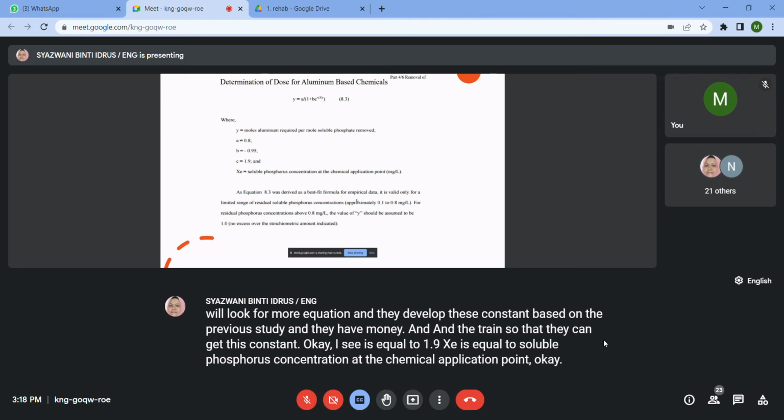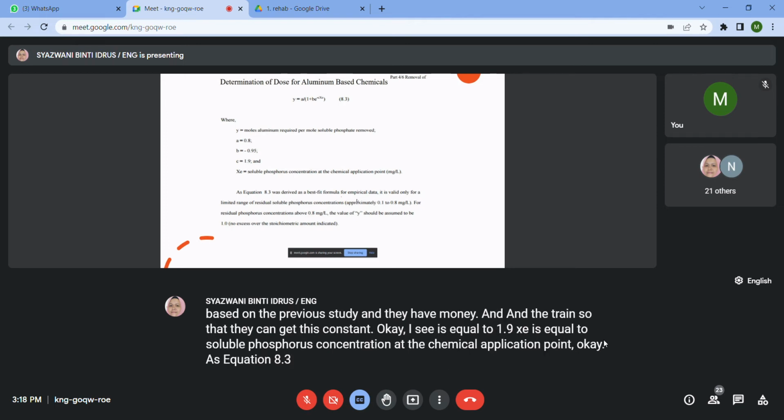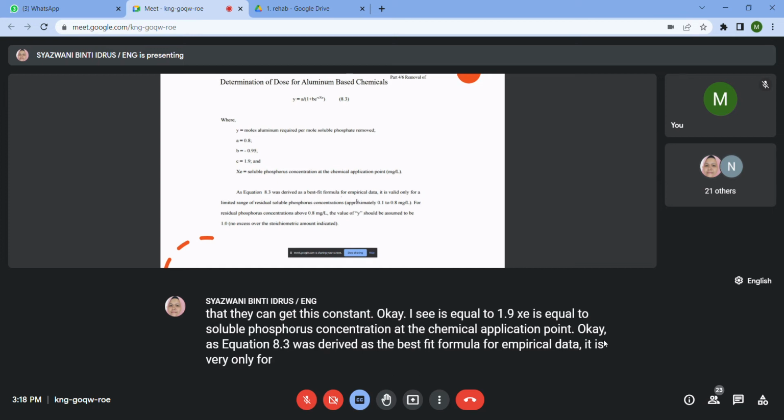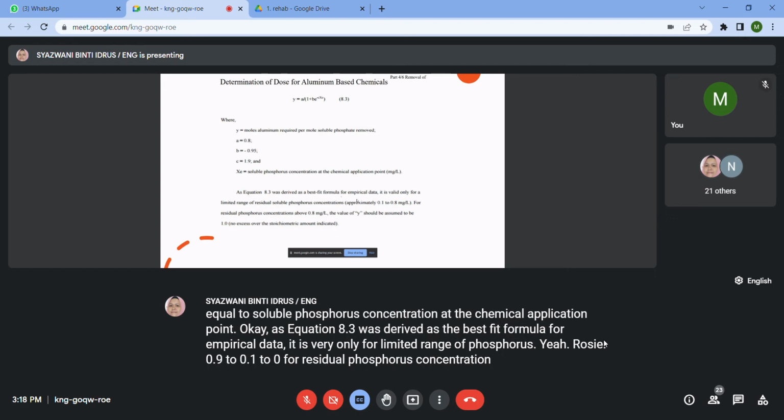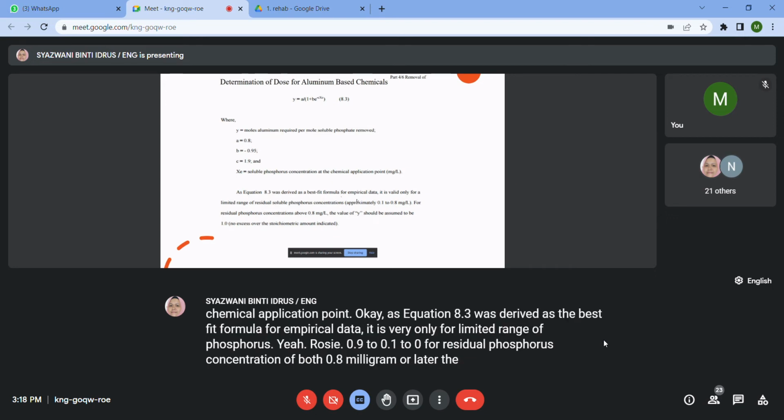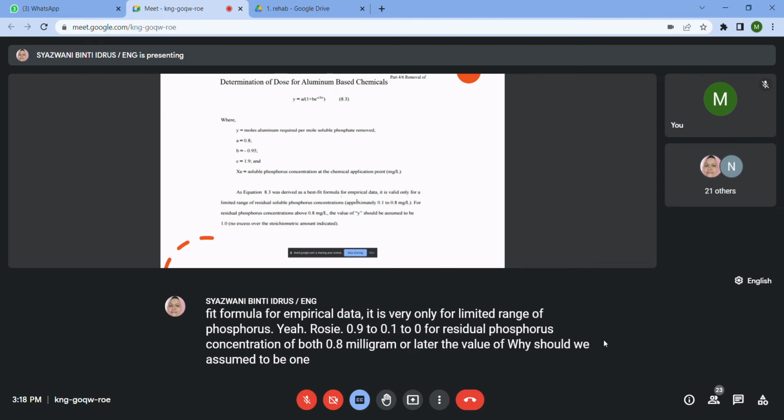Okay, as equation 8.3 was derived as a best fit formula for empirical data, it is valid only for a limited range of residual phosphorus, approximately 0.1 to 0.8. For residual phosphorus concentration above 0.8 milligram per liter, the value of Y should be assumed to be 1, no excess over the stoichiometric amount indicated.